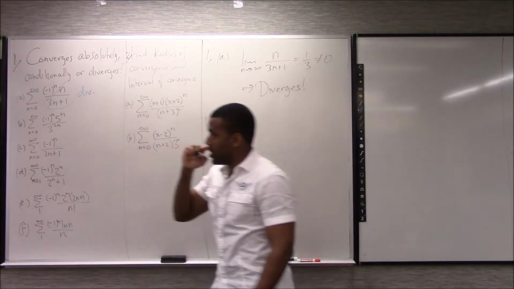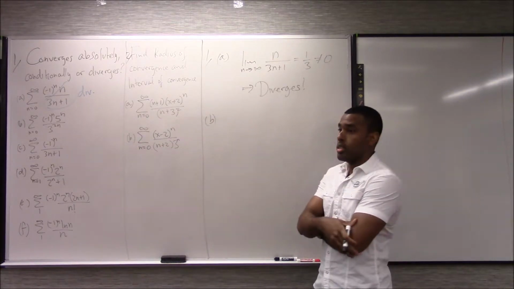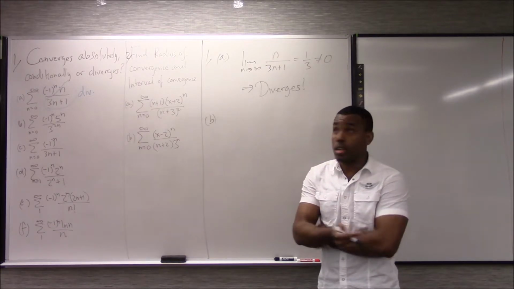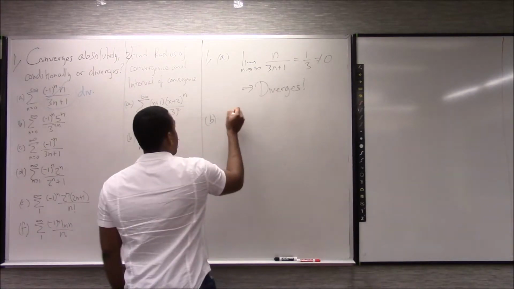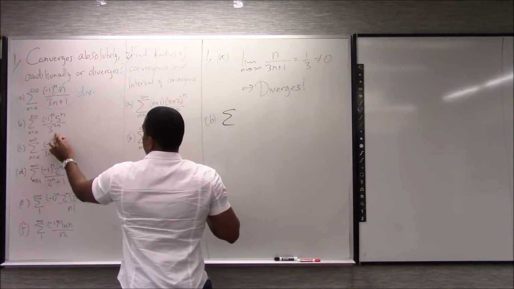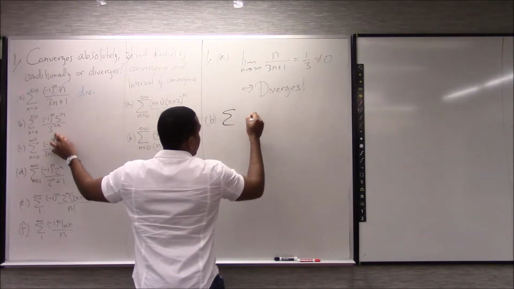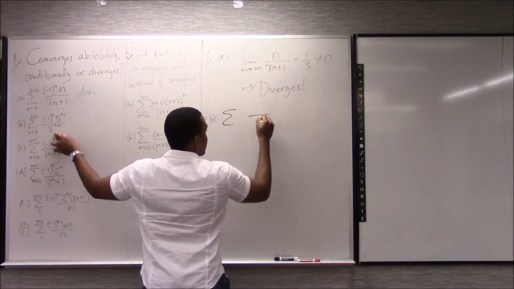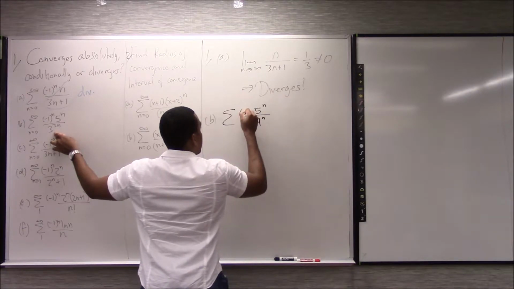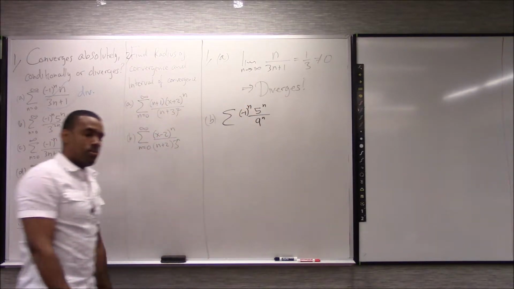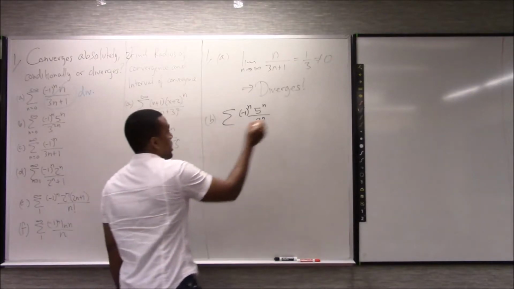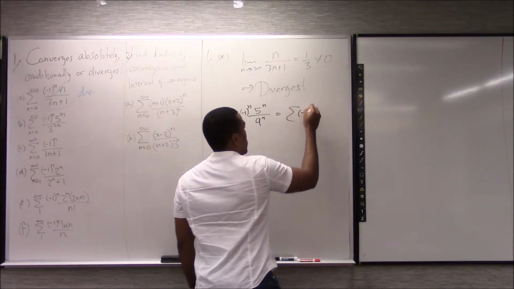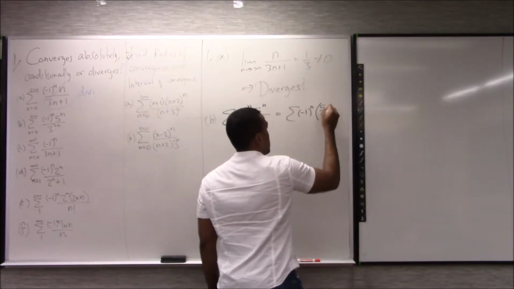So what about this one? What do you think? It's geometric. Right? So this guy here, that 3 to the 2n is really like 9 to the n. So this really looks like -1 to the n times 5 over 9 to the n.